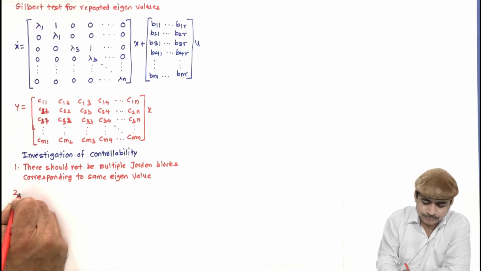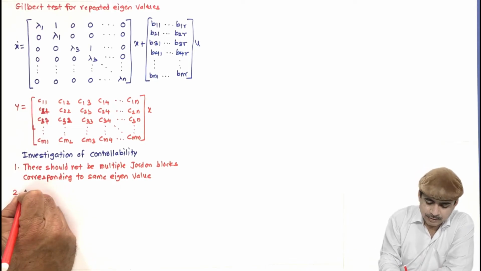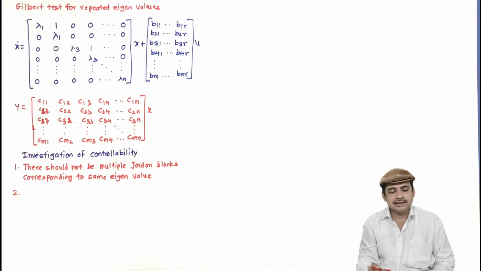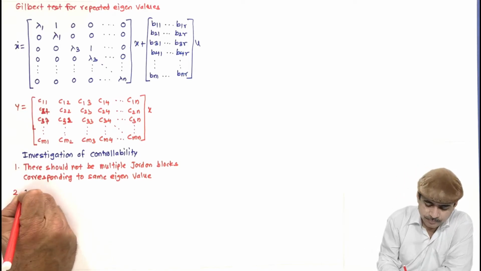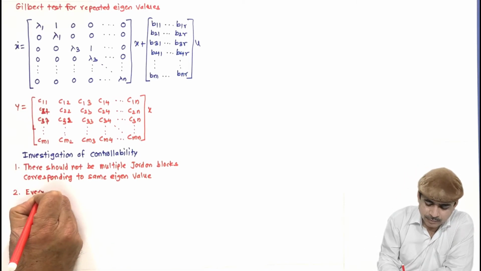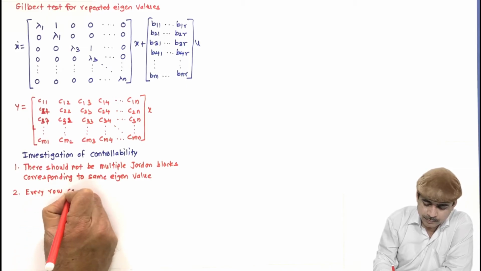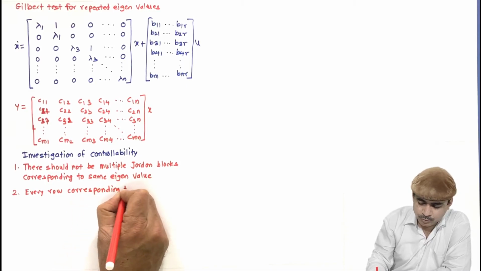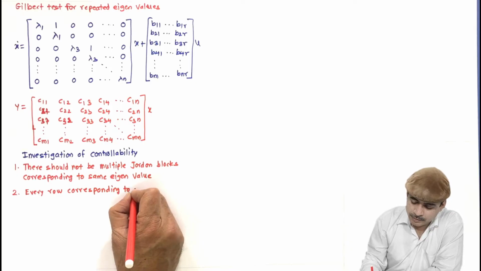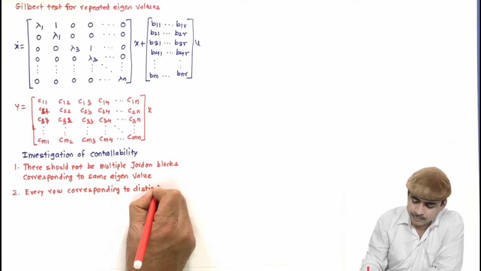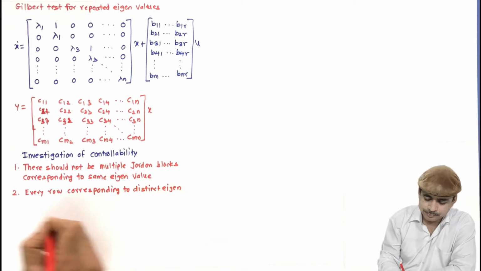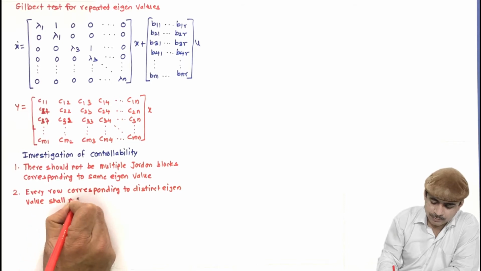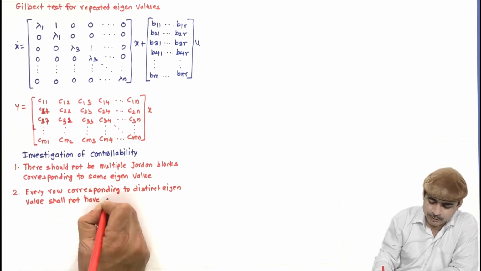Condition number 2 is, now for distinct roots, because in this case there are some roots repeated and the remaining are distinct. So every row corresponding to distinct eigenvalue shall not have all zeros.